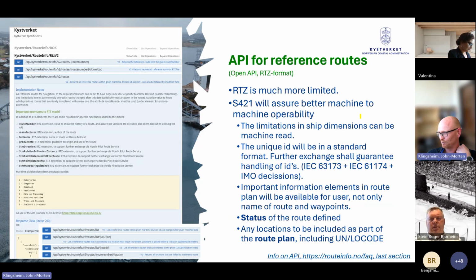We have established an API for these reference routes, and here are two small issues which are quite important, which are not solved in the old standard. So I'm very happy that now in S421, with the route number, there is a unique ID to handle it, and also that the LOCODE, or the destination of a route, can be included in a route, which is not possible in the old format.